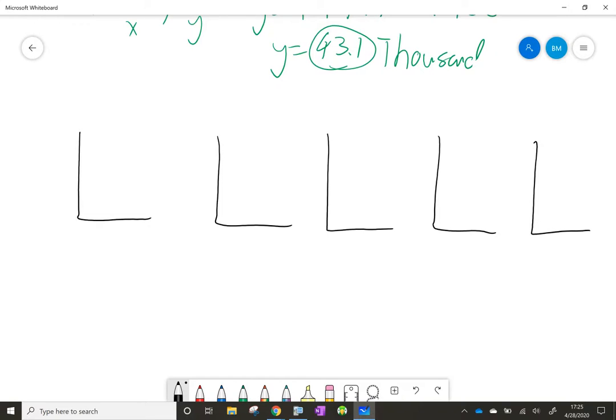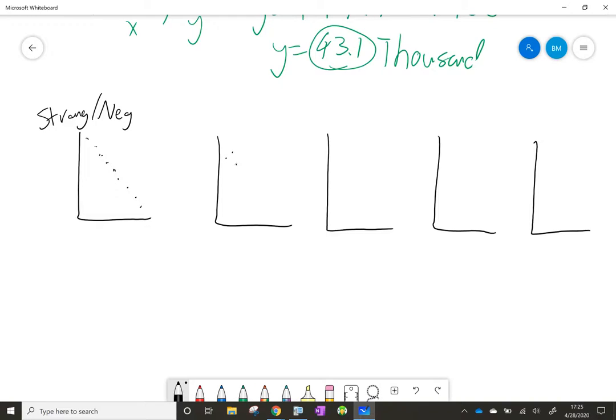All right, so the graph on the left is going to have a strong negative correlation. A strong correlation means that the points are pretty much in a perfectly straight line, and it's negative because the points are going in a downward trend. So this right here is a strong negative correlation.